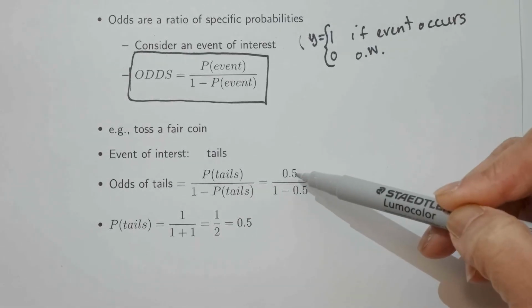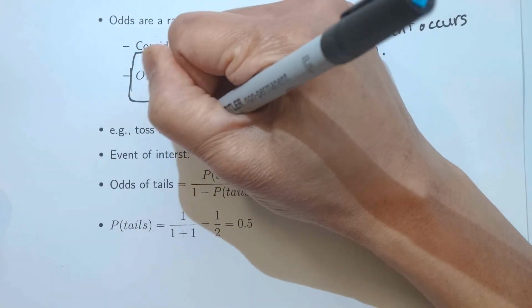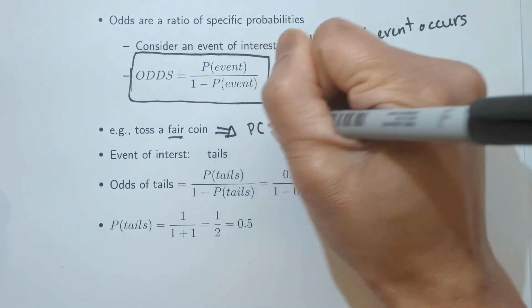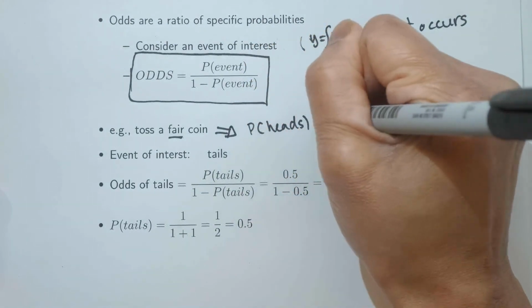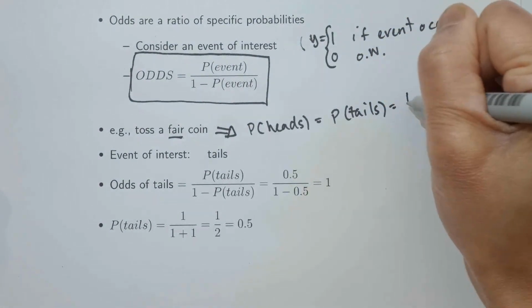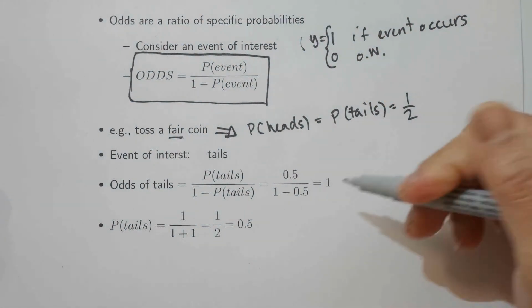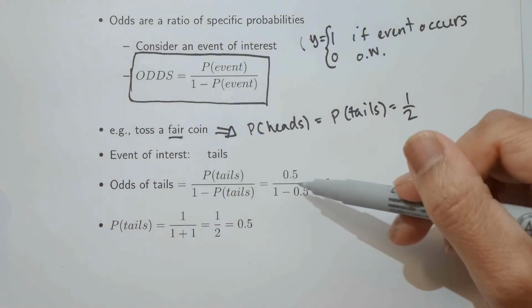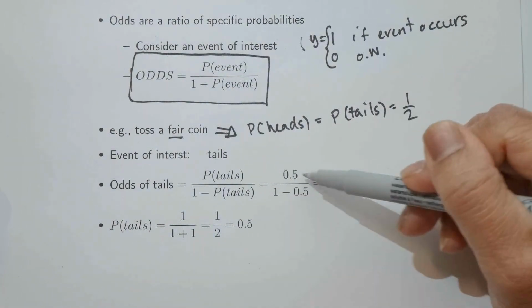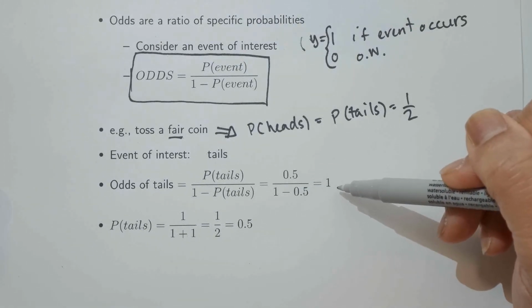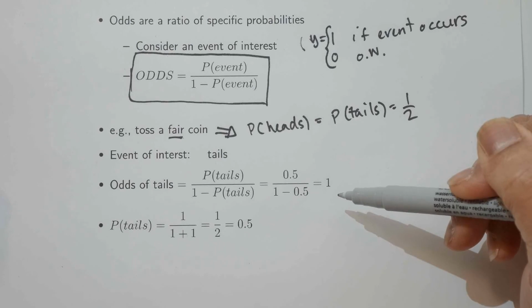Since it is a fair coin, the probability of heads equals the probability of tails, which equals 1/2. So it would be 0.5 divided by 1 minus 0.5, which gives us an odds ratio of 1.